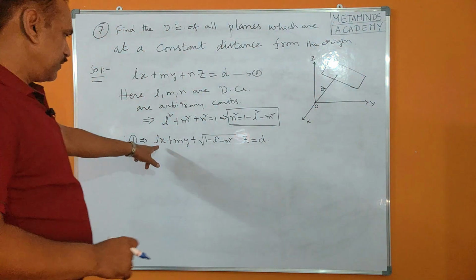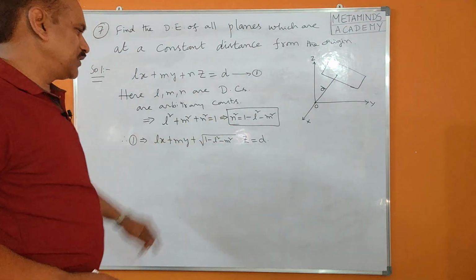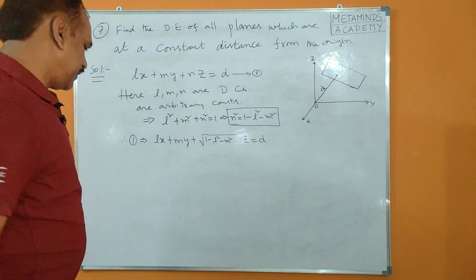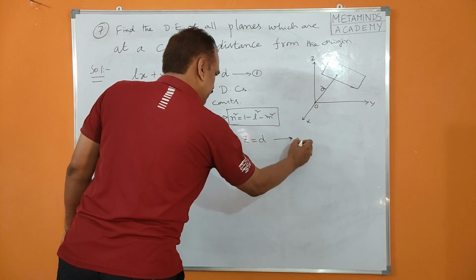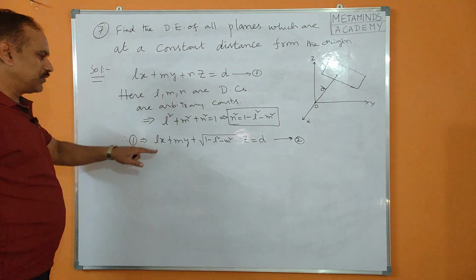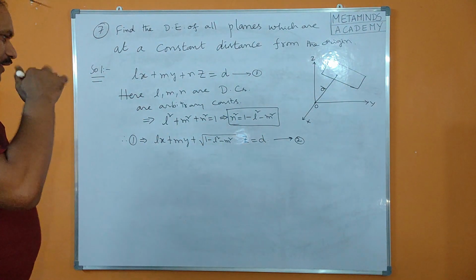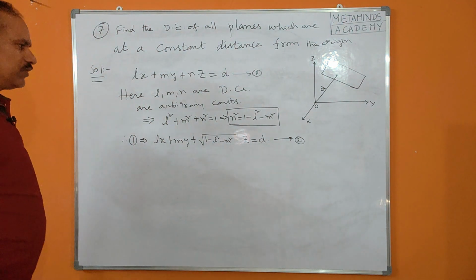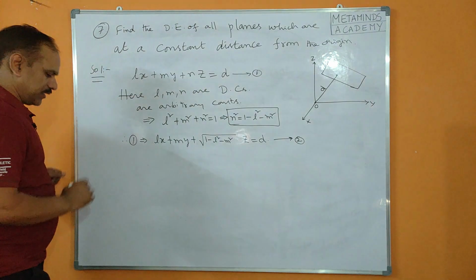Now you see, you have only two arbitrary constants, L and M, in this equation. D is a constant, right? In this equation, with two arbitrary constants and two independent variables, you will get a first order partial differential equation as the solution.